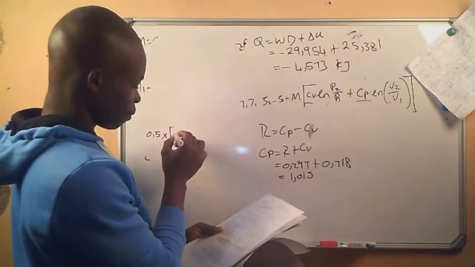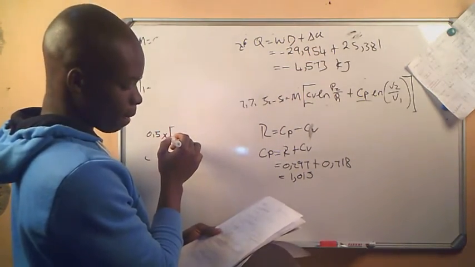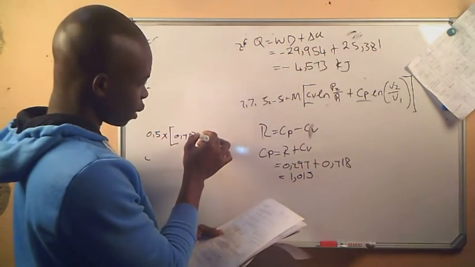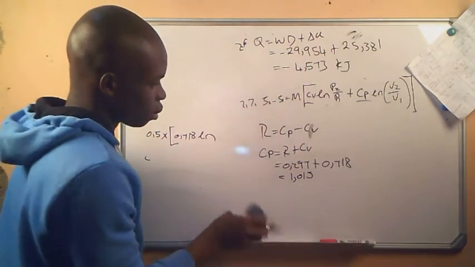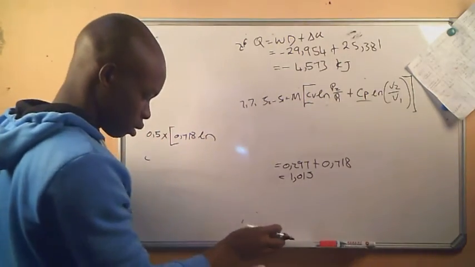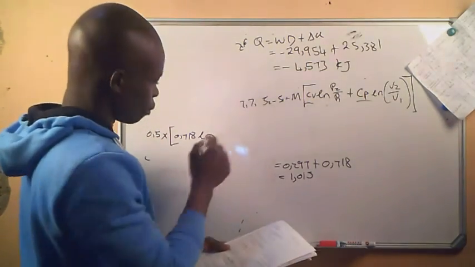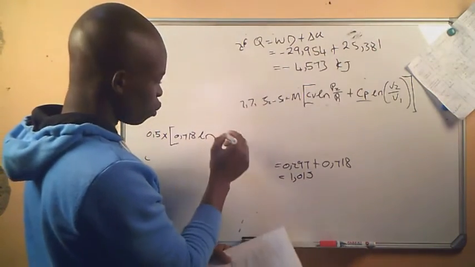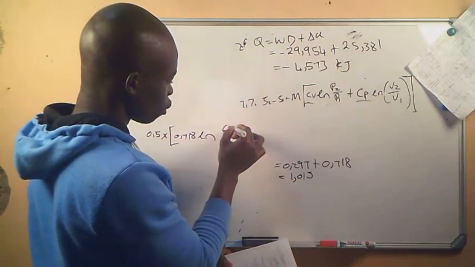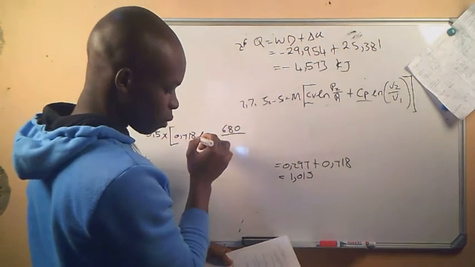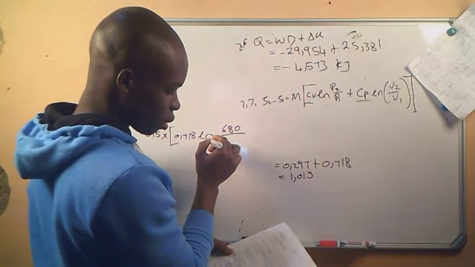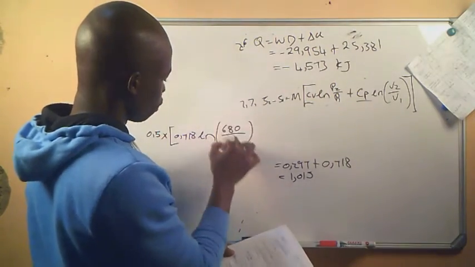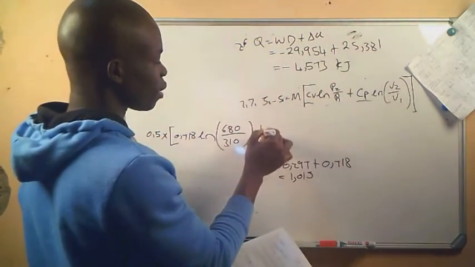Our Cv is equal to 0.718 ln P2, our P2 is 680 divided by 310, and then plus our Cp.